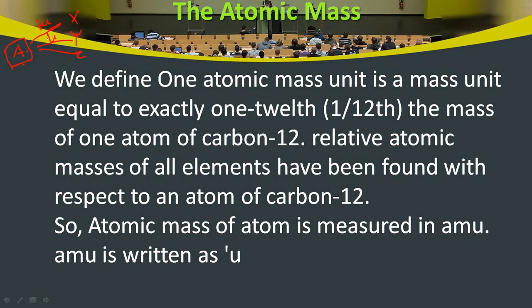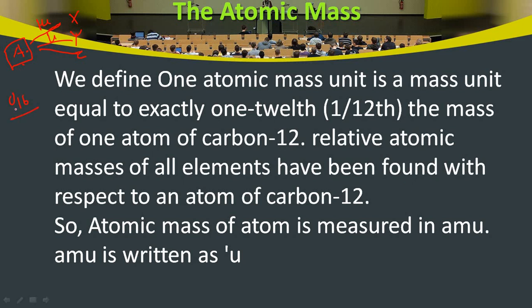So atomic mass can be defined as: one atomic mass unit is a mass unit equal to exactly 1/12 of the mass of an atom of carbon. The relative atomic masses of elements have been found with respect to carbon 12. I would like to clarify your doubt that in the earlier stage oxygen 16 was taken.